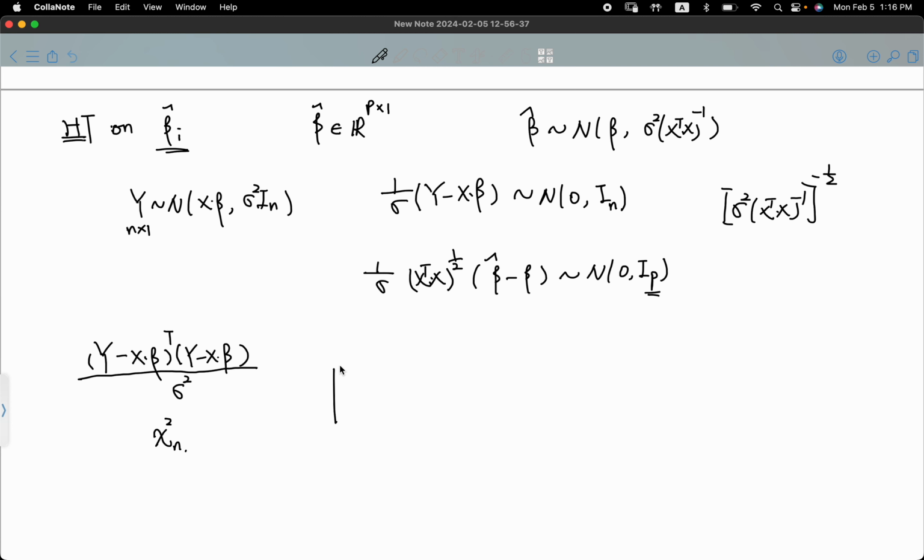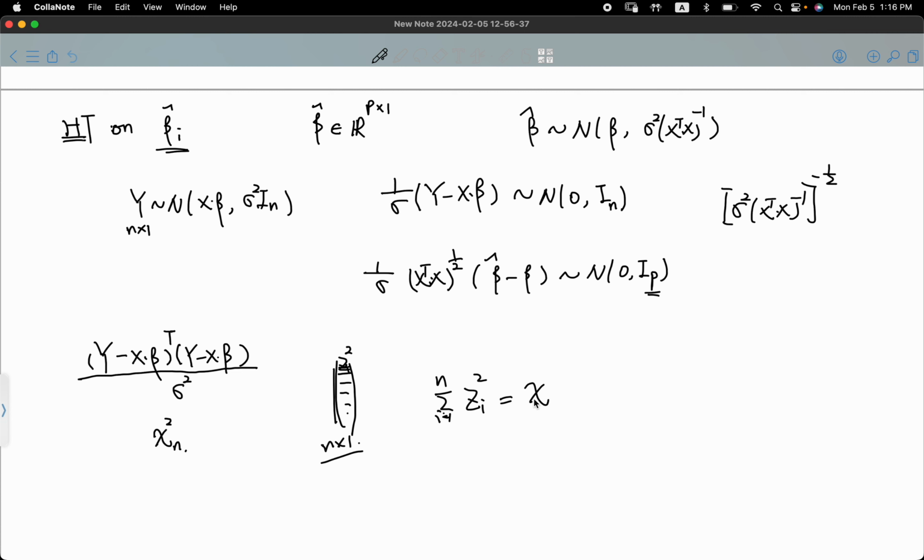We have a vector, each of them following a normal. And here we're taking a square and then taking an inner product. That is equivalent to each of the standard normals raised to the power of 2, summed together. We have n copies of them. So n copies of zi square.